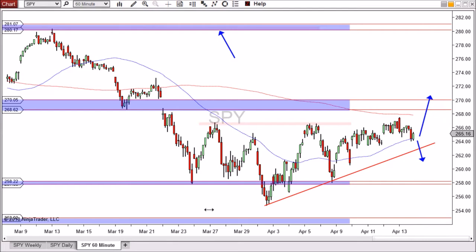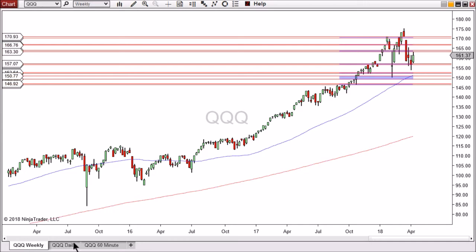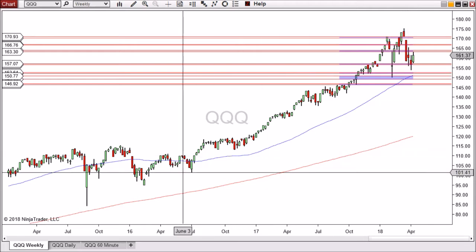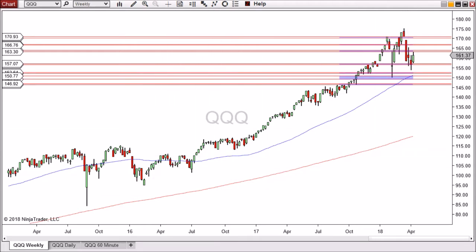And if we take a look at the QQQ on the weekly basis, let's start off with the weekly. Again, you see that it hasn't made a lower high yet, because we got a higher high here, a new high on a weekly basis, and also the trend is still up.